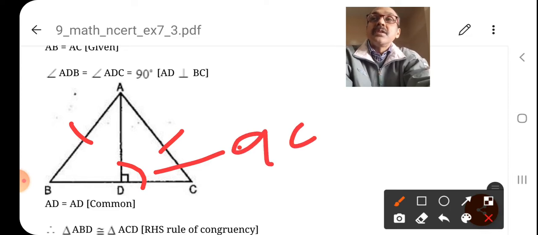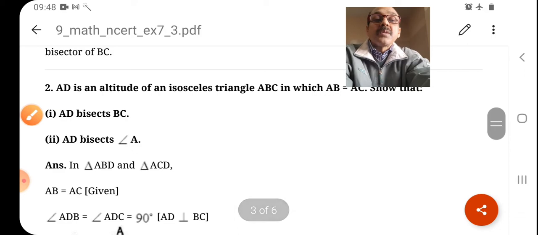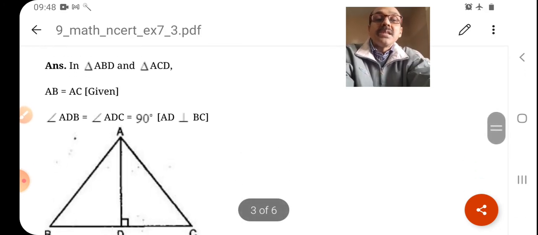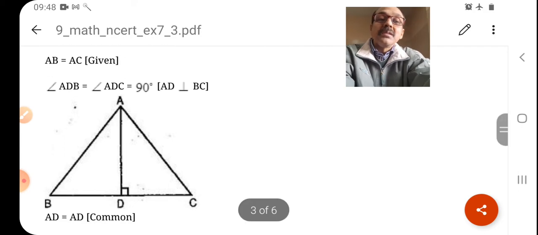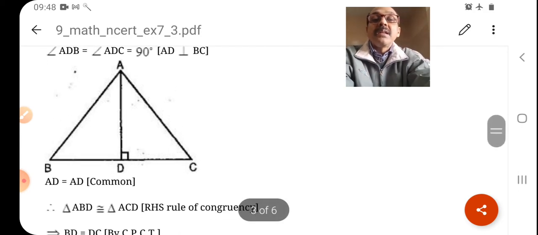So this is 90. As per the question, in triangles ABD and ACD, AB equals AC, it is given, and angles ADB and ADC equal 90 degrees, this is also given, and AD is common.